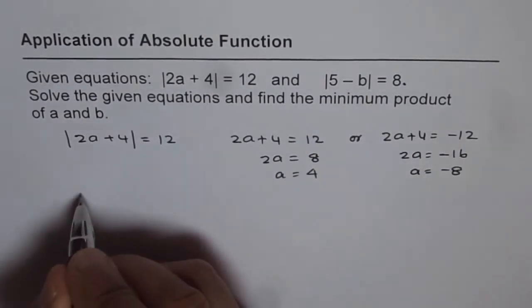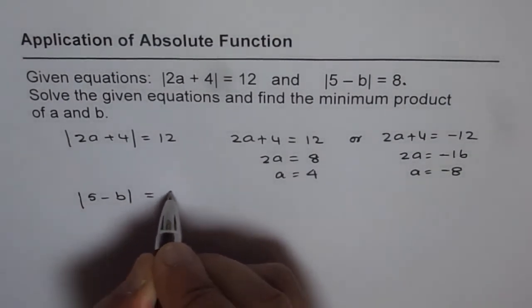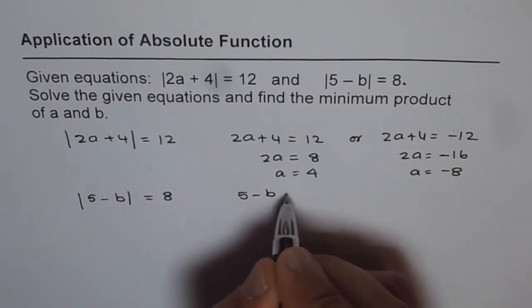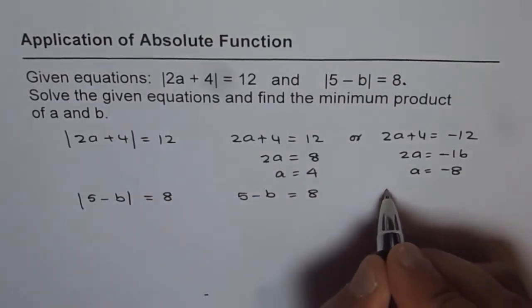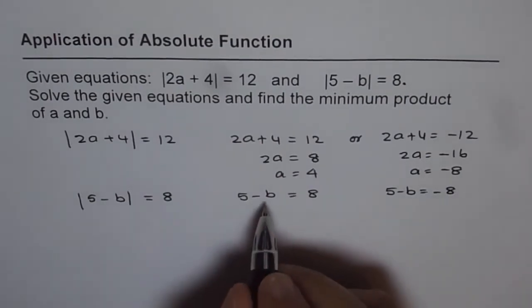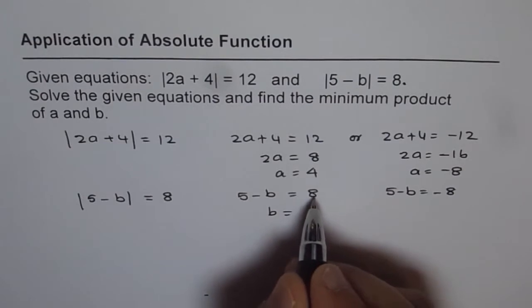So we have the equation here which says absolute value of 5 minus b equals 8. Now it really means that 5 minus b equals plus 8 or 5 minus b equals minus 8. So when we solve for b, we can take b on this side and 8 on that side.